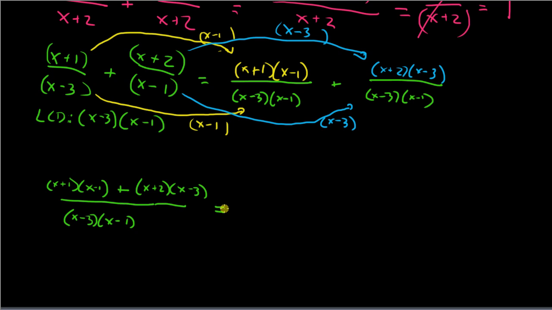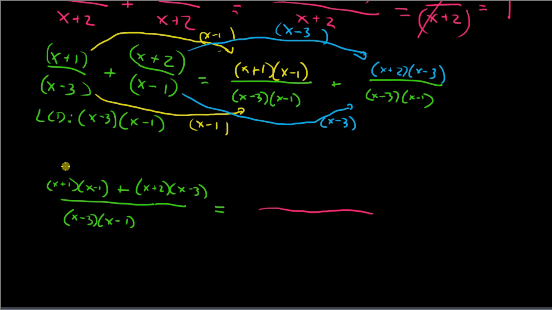So far so good, I hope. And now we just have to go crazy with the FOIL game. The denominator, I'm actually going to keep factored, because I know not much is going to come from foiling it. But the numerator, once we FOIL it, we're going to be able to combine like terms and all that jazz. If you're unsure, go ahead and FOIL everything. But in this case, we're going to go forward without doing that.